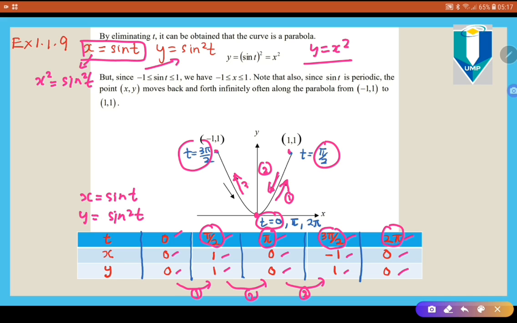So this is the third one. And from 3 pi over 2 to 2 pi, the point is moving back to 0, 0. So this is another arrow, arrow number 4.